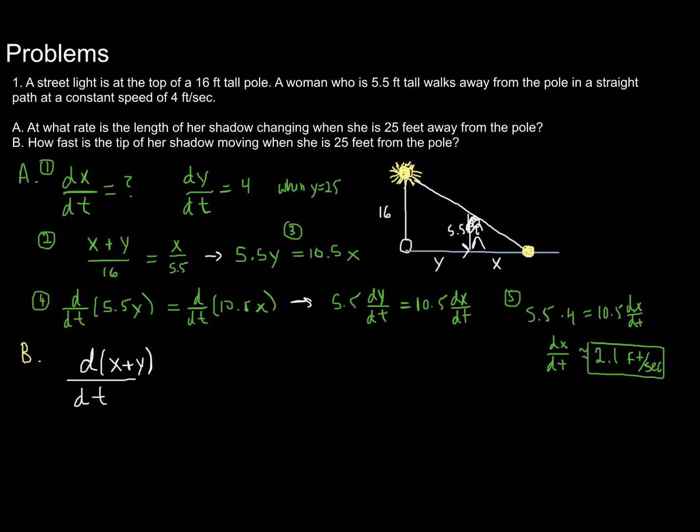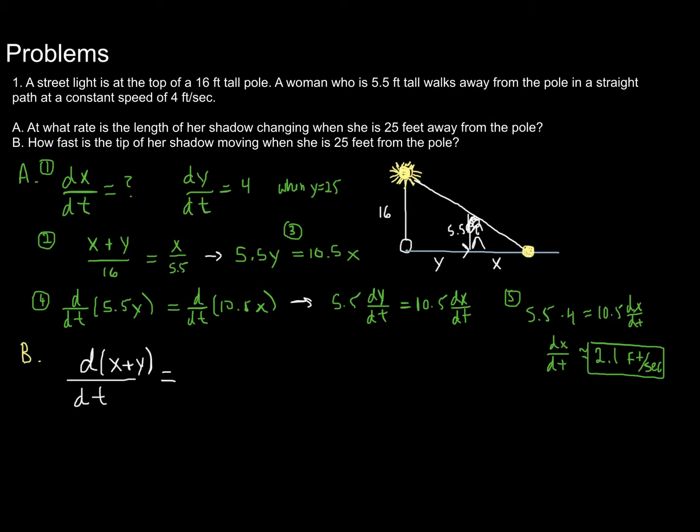But this is something we've done many times before. Taking the derivative of two functions that are being added together means that we can take the derivative of each function separately and then add them. Since each of these values, x and y, depends on time, and we're differentiating with respect to time, we can rewrite this.